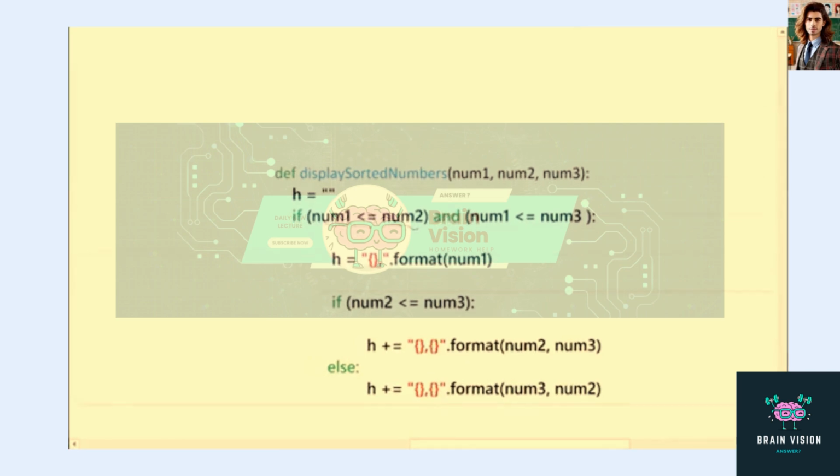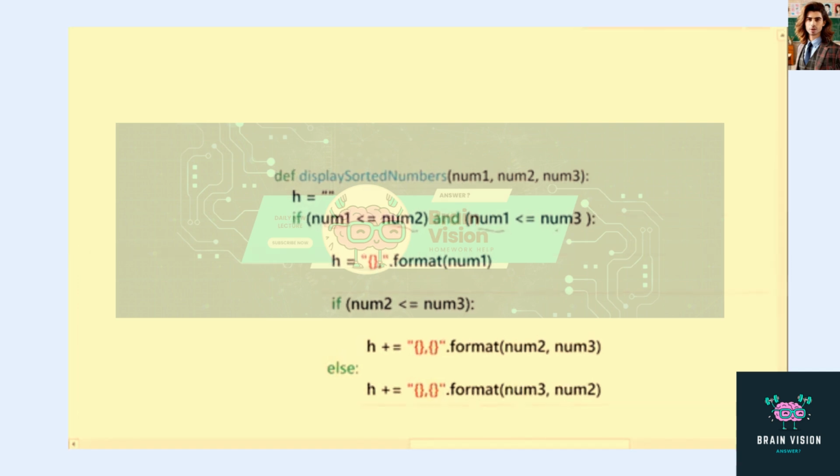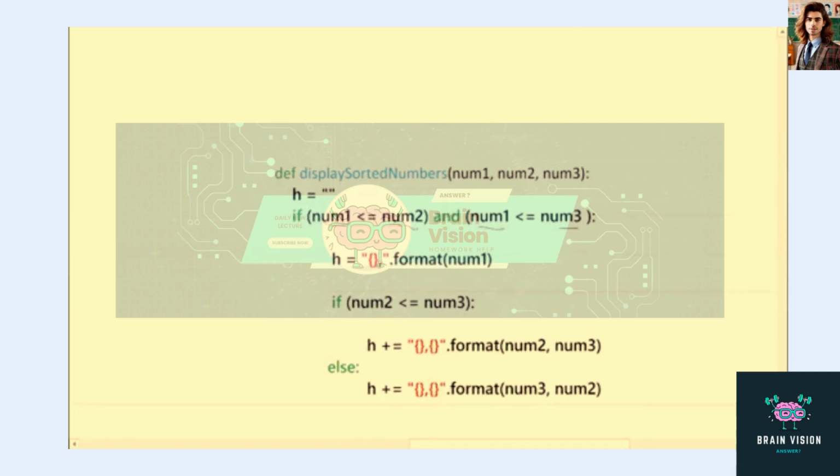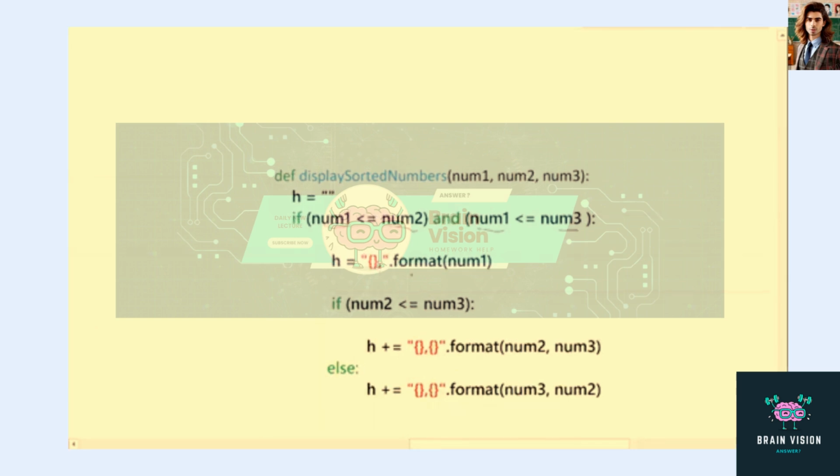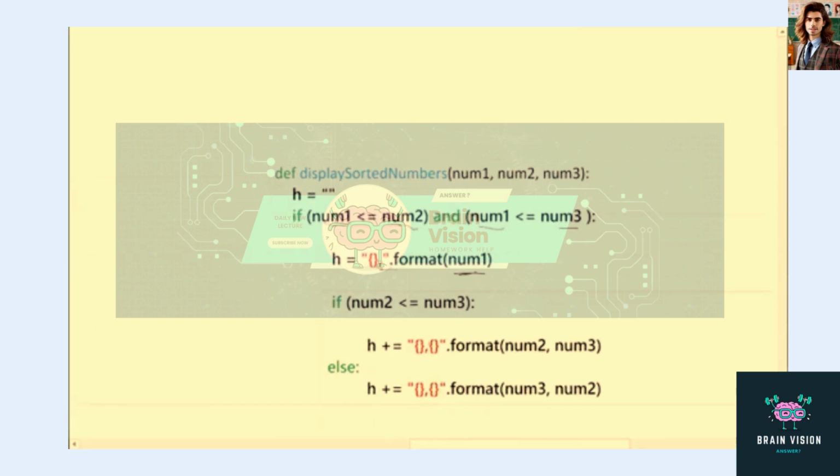If the first number is smaller than or equal to the second number, and it's also smaller than or equal to the third number, then that should be the smallest. So that would come first, followed by the comma. So we add it first.